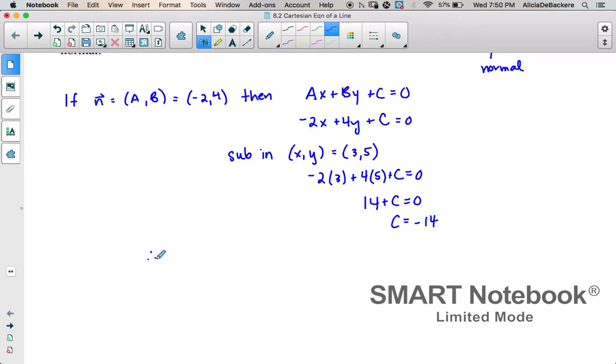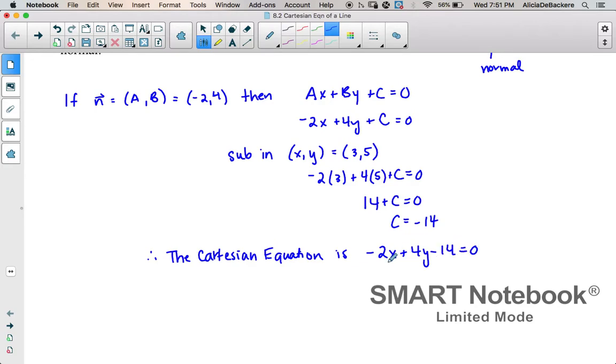And so therefore, one Cartesian equation for this line is -2x plus 4y minus 14 equals 0.